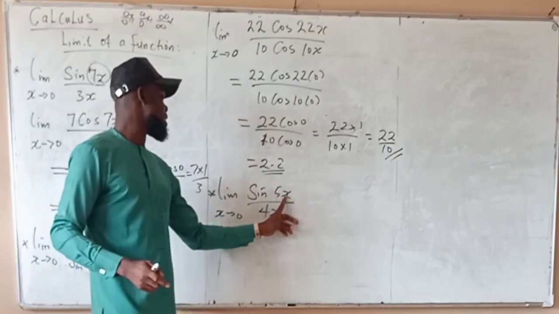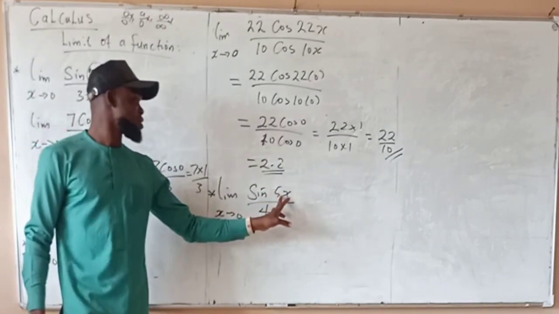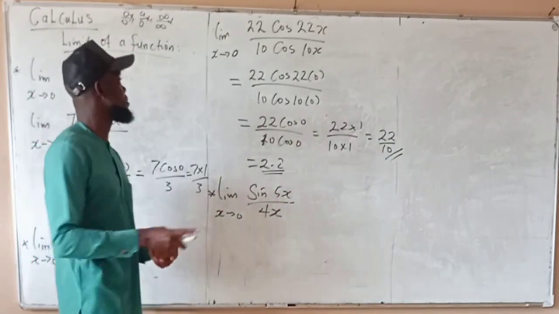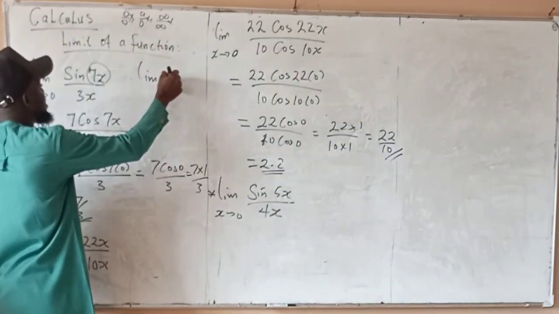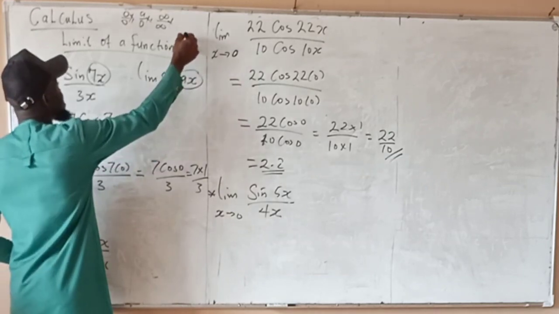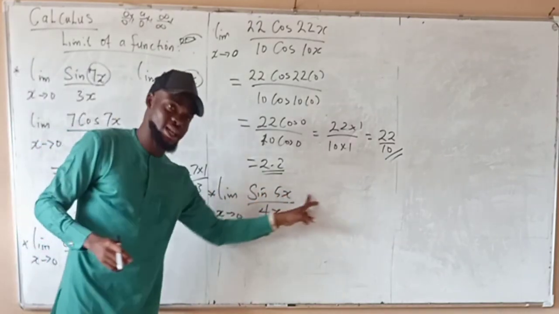Number two, this angle must be just a single term, which is 7x, 8x, ax. It must be of the form sine ax, just a single term, not x plus something or minus something. It should not be plus or minus here at all.